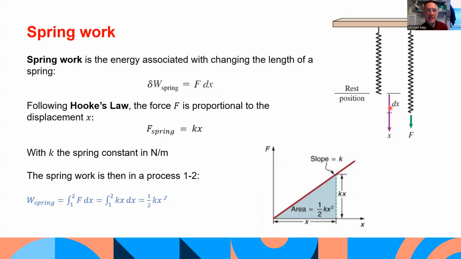And that's defined by what we call Hooke's law. Hooke's law tells us that the force is proportional to the displacement x by the spring constant k. So the force equals the spring constant k in newtons per meter by the displacement.